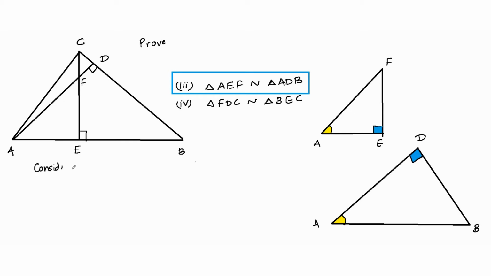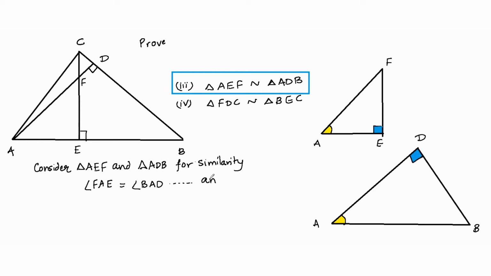So I will say consider triangle AEF and triangle ADB for similarity. So now I know that angle FAE is equal to angle BAD because this is the common angle. Angle that is common. That's basically the angle A, right?